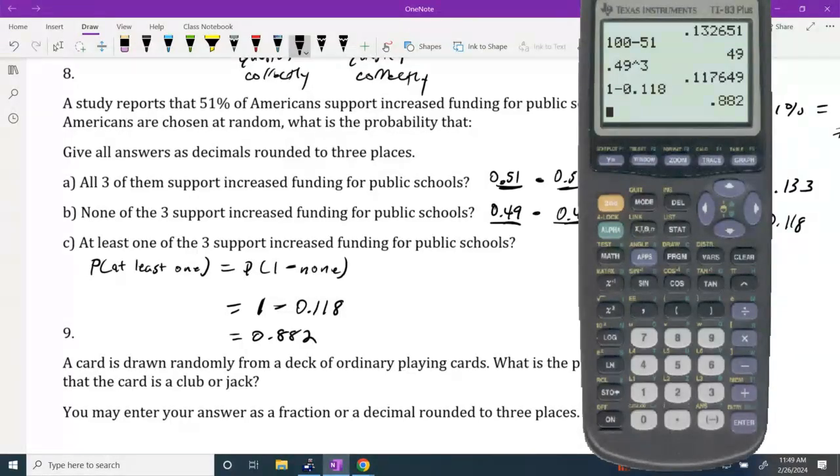All right. So the probability of at least one of the 3 people would be about 88.2%. So the probability of at least 1 is always 1 minus none.